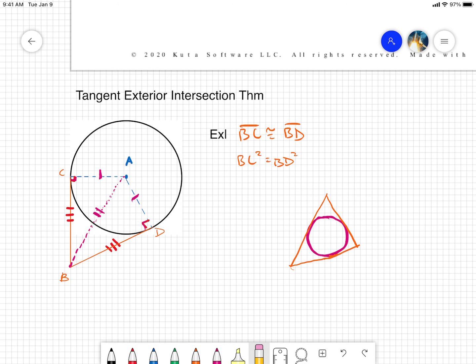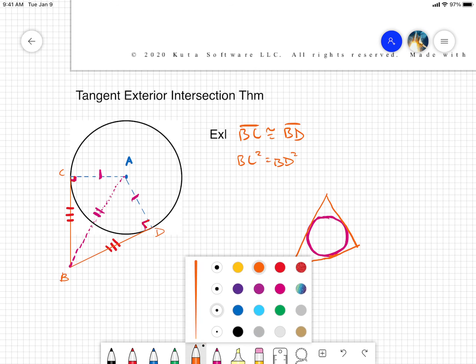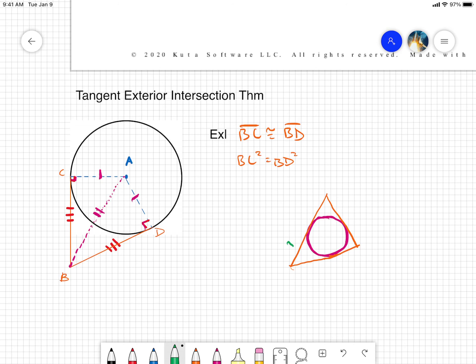Because what this theorem allows me to do is say, well, if this side has a length of x, then so does this one, this little piece right here. Same thing with this one here. Likewise, if this length has a length of y, so does this one.